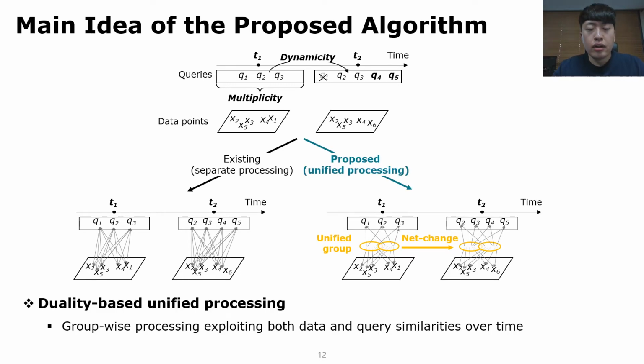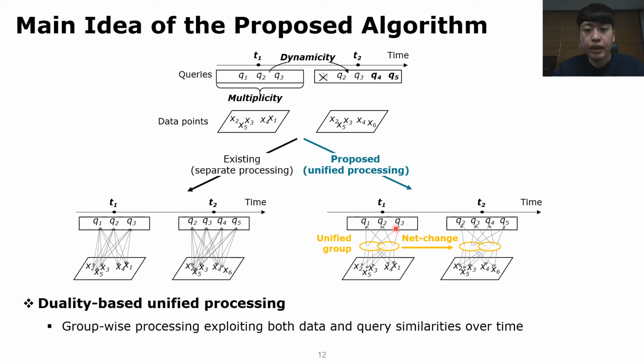But in our algorithm, we propose unified processing instead of separate processing. On the query side and the data point side, we can group similar queries and we can group similar data points. And we also group the data and query pairs as a unified group and only process the minimum but sufficient computations in each group, and use those computations to answer each query and data pair.